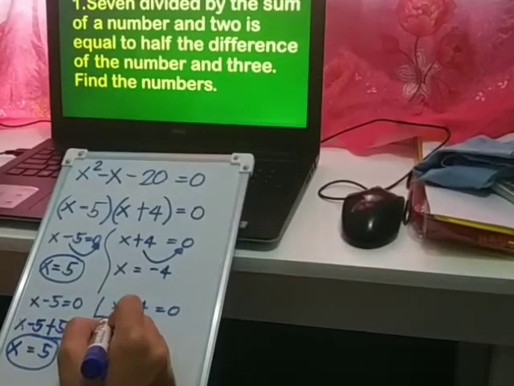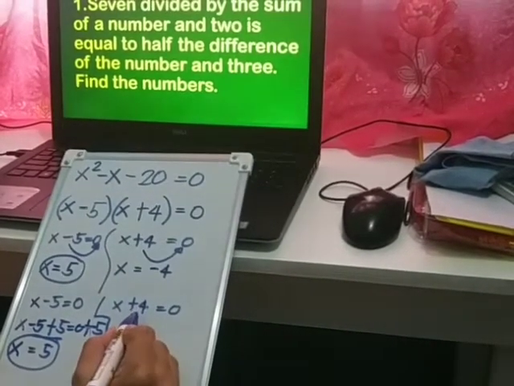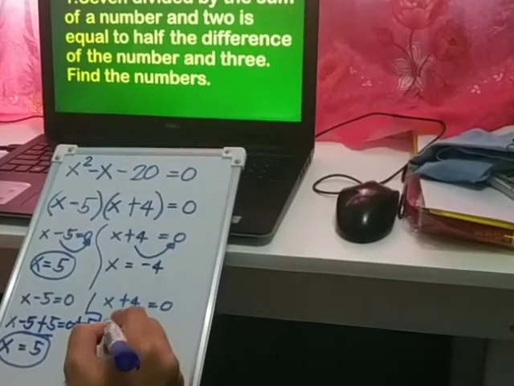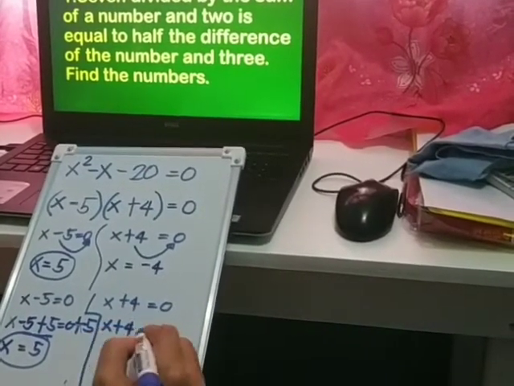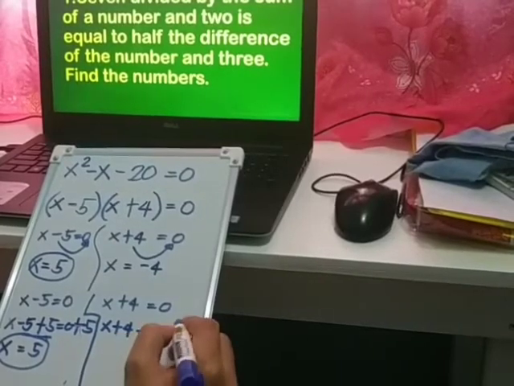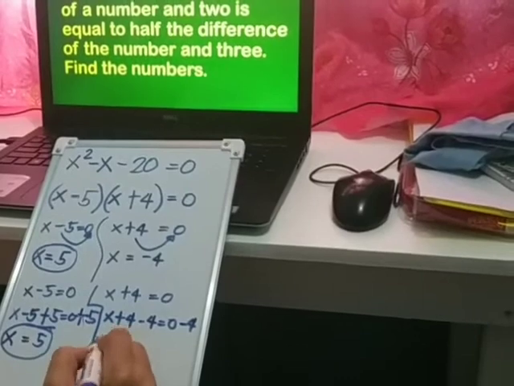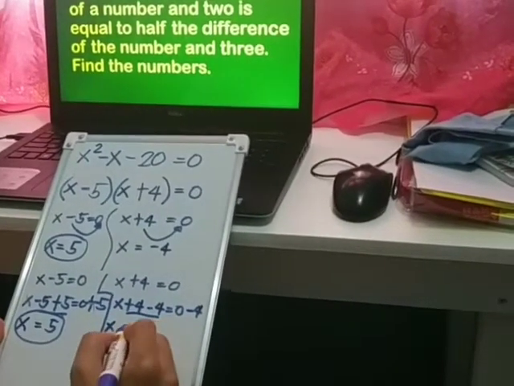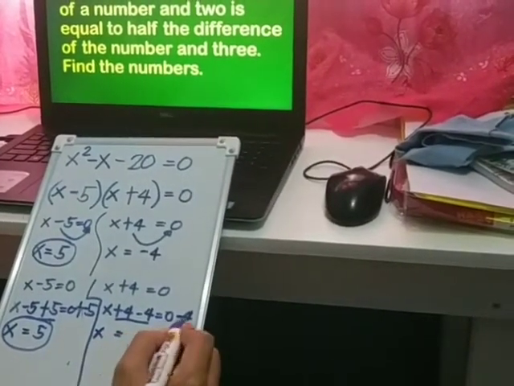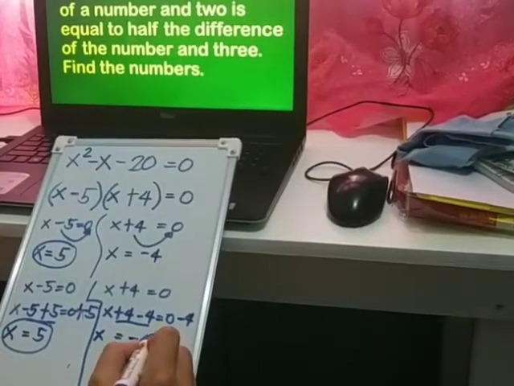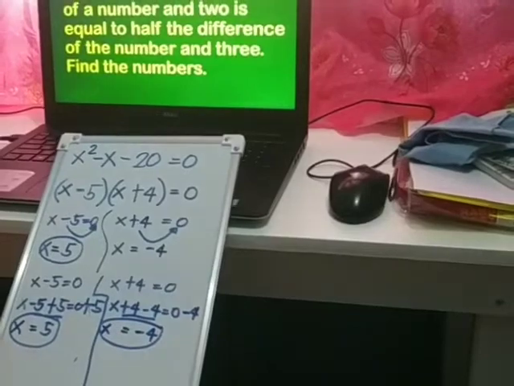Here, you have to subtract 4 so that x will remain, and subtract 4 also on the other side to balance the equation. Add negative 4 and then add another negative 4. 4 and negative 4 is 0. No need to write. Equals 0 minus 4 is negative 4. Okay.